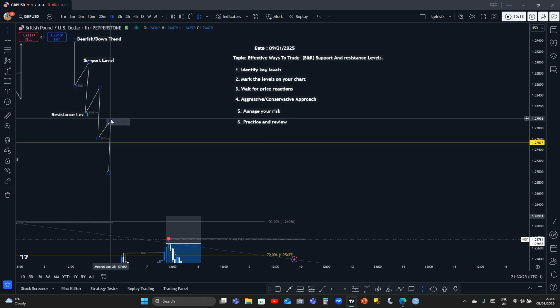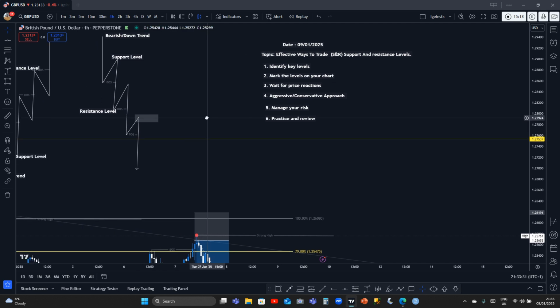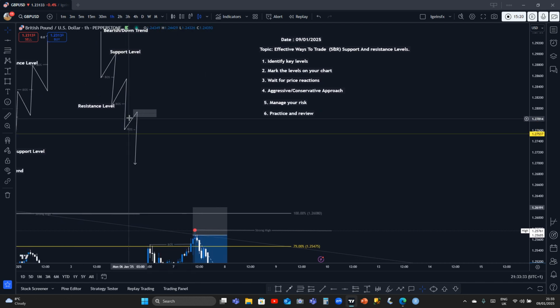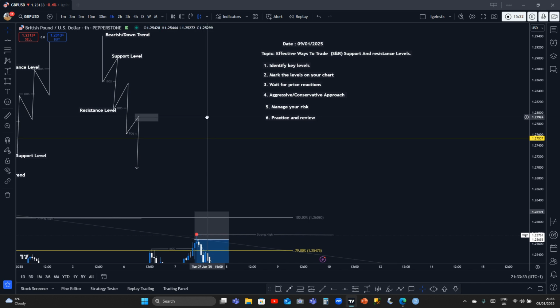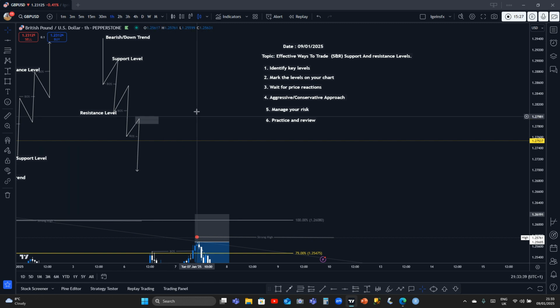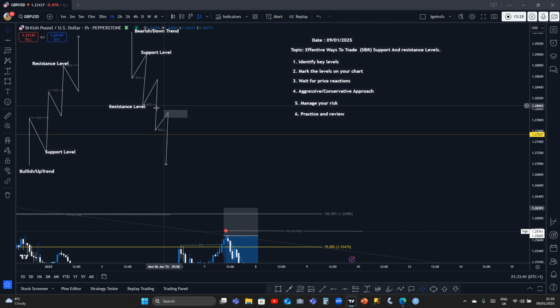Some people will just see that there is an opposite candle, and they just enter. Sometimes you have to be patient and wait for confirmation. If you are to use a confirmation entry, that means you'll be looking out for candlestick patterns.